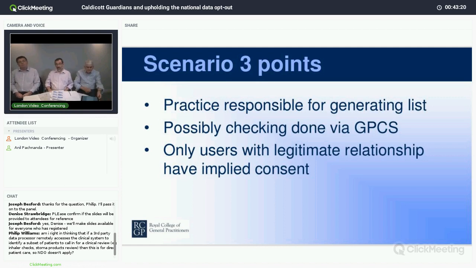And it's important to say that only people in the practice who have a legitimate relationship of implied consent to view patients' records can deal with the project until they've got that cleansed list back from the spine service.